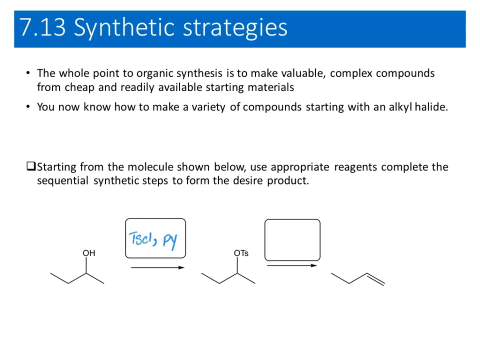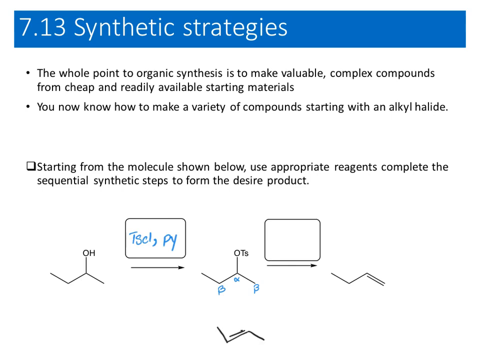Now in the second step, this structure acts as a substrate to form the alkene product. So I know tosylate is a good leaving group, therefore this is my alpha carbon and I have 2 beta positions. So elimination happened here because I made an alkene. Now if elimination happens over this carbon, because I have 1 beta proton here, I would make this product.